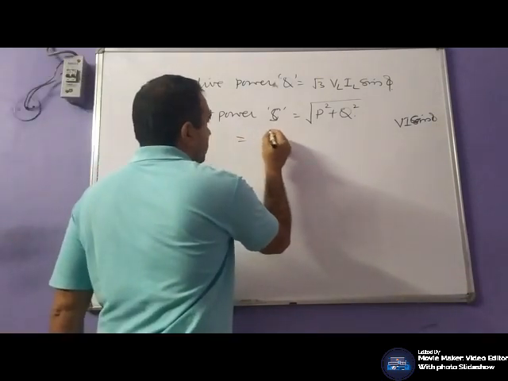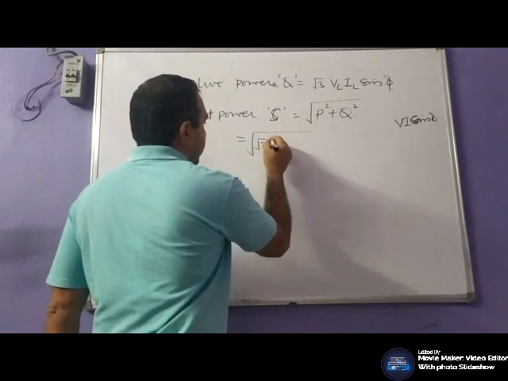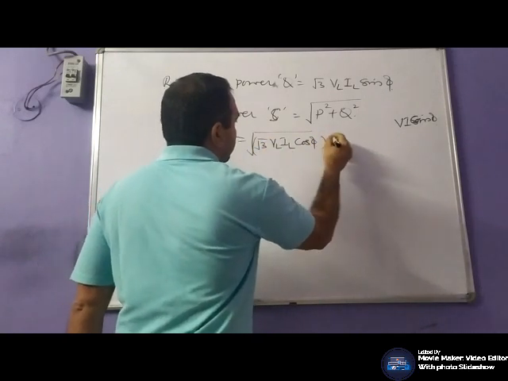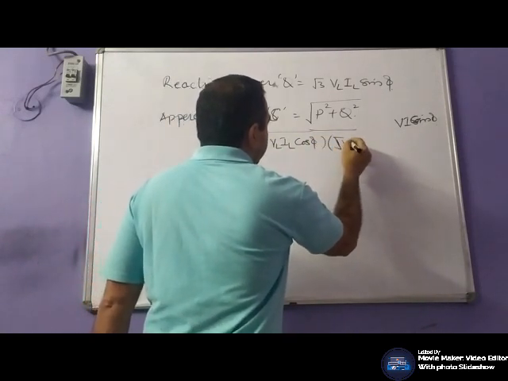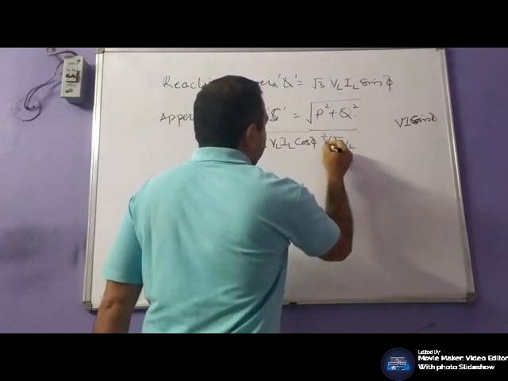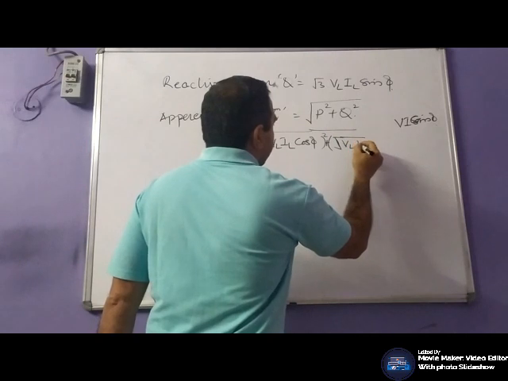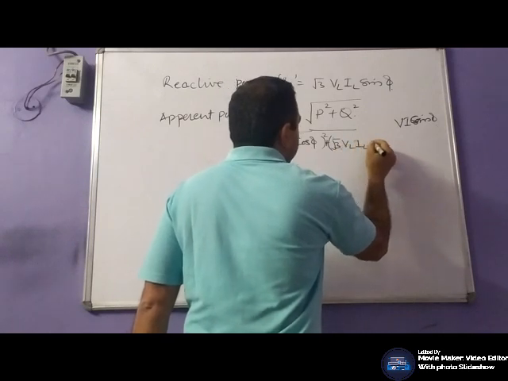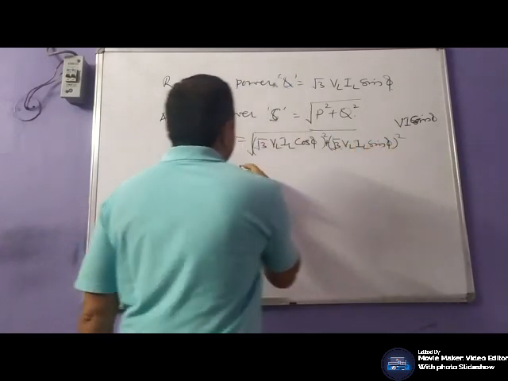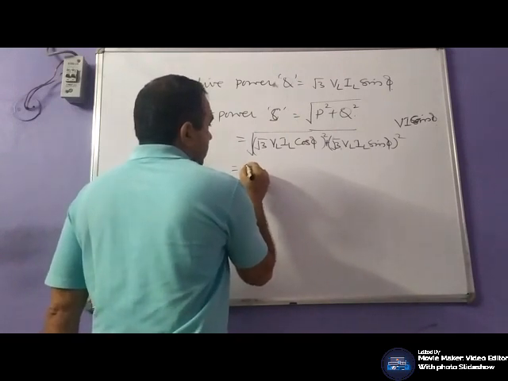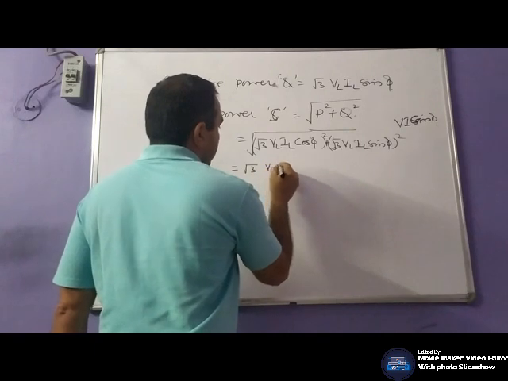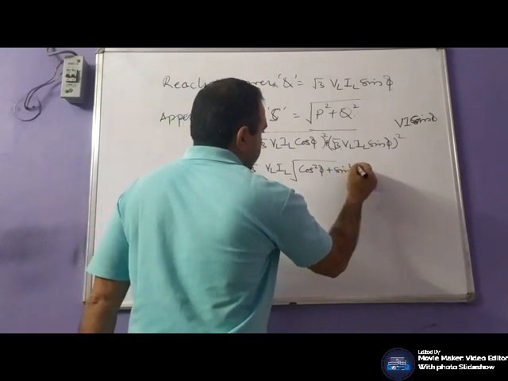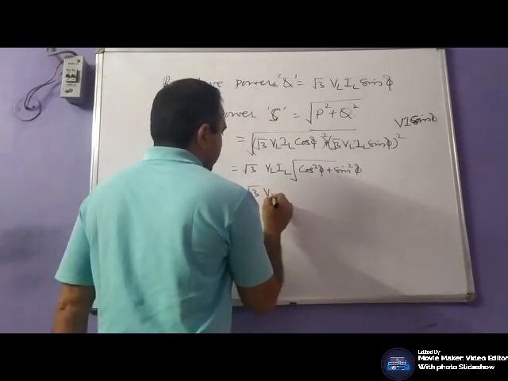Or, active power we have found out: root 3 VL IL cos of phi, reactive power root 3 VL IL sine of phi, so it will be root 3 VL IL times the square root of cos square phi plus sin square phi, which is root 3 VL IL.